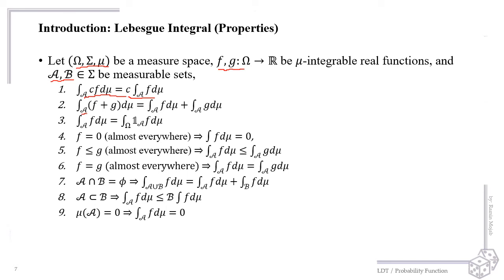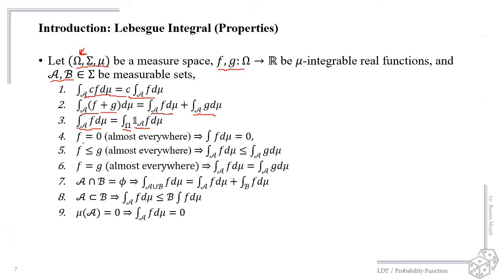Here, the Lebesgue integral of the sum of f and g is the Lebesgue integral of f plus the Lebesgue integral of g. And the Lebesgue integral of f over A equals the Lebesgue integral of this indicator function multiplied by f over omega. Here we have omega as the sample space.